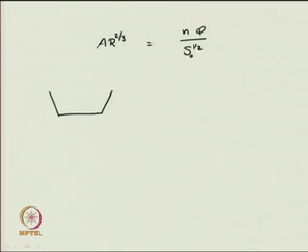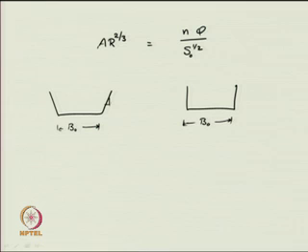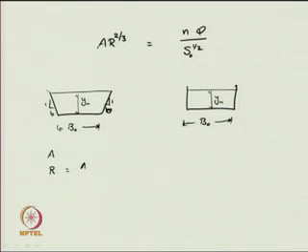If you use a trapezoidal channel or a rectangular channel, whichever it be, say the trapezoidal channel is having the bottom width B naught as fixed, and the rectangular channel is having B naught as fixed width, with side slope 1 is to z, then for the normal flow or the uniform flow, if you recall our earlier classes, we had suggested how to compute the area of a trapezoidal channel, the hydraulic radius, and the wetted perimeter.